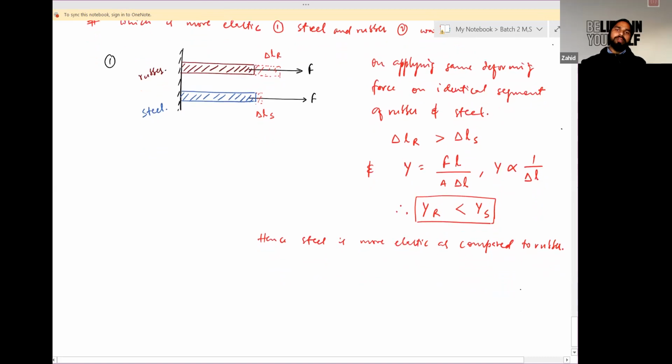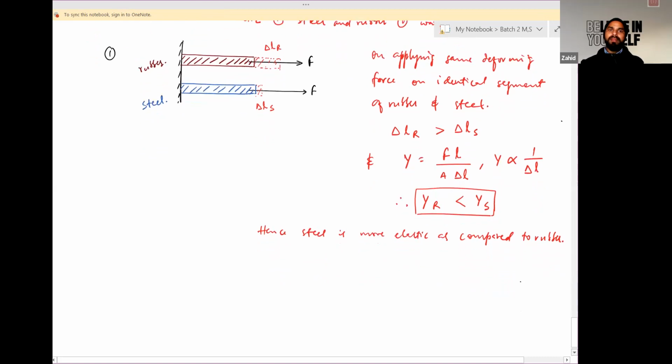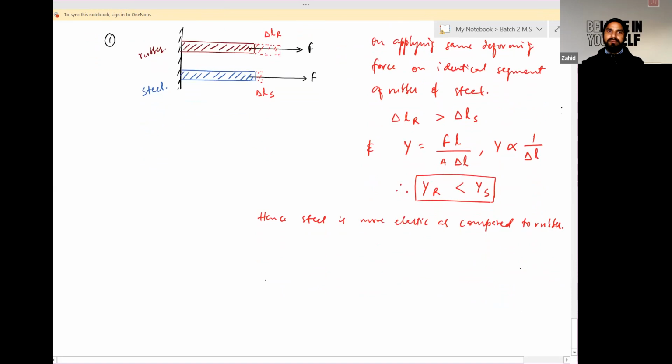Similarly, for water and air, since these two are fluids, we can take, let's say, in a balloon, for equal volume, one is water and the other is gas.